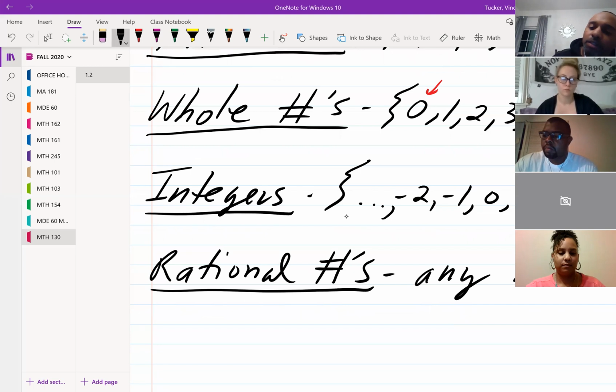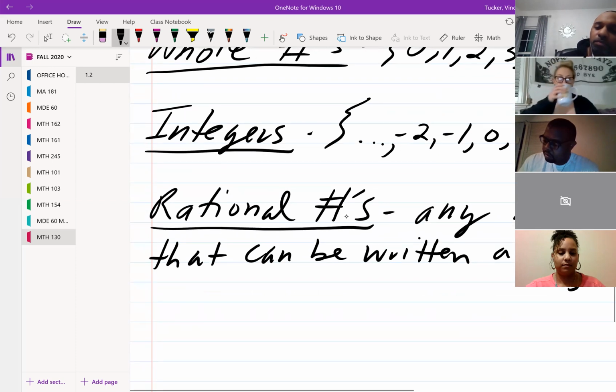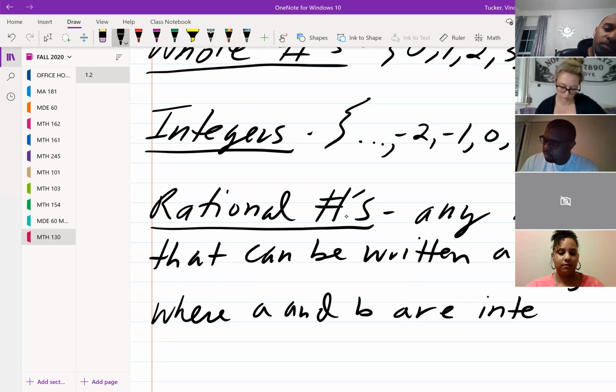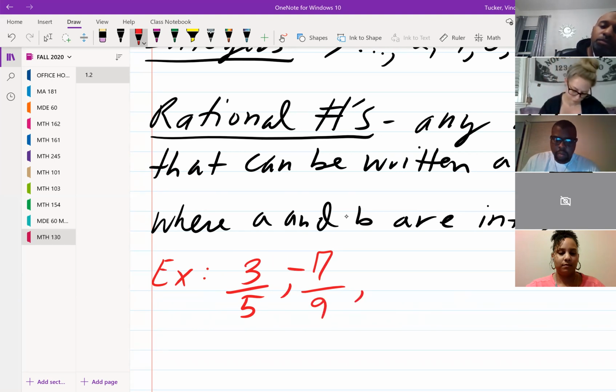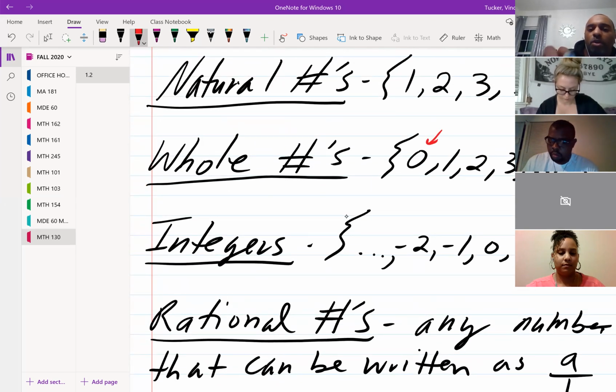Let's go like this, any number. And I didn't mention this, but don't forget when you look at your integers, all whole numbers and all natural numbers are integers.